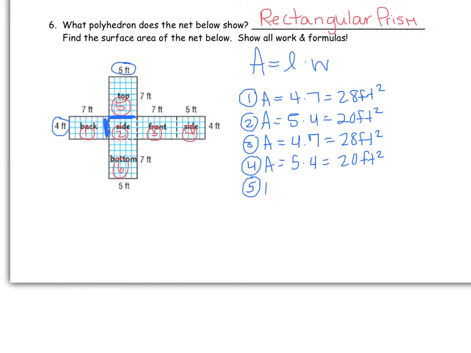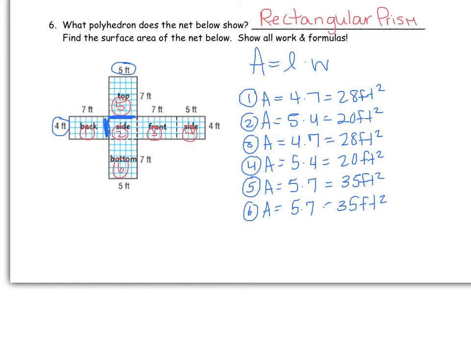And 5 and 6 are actually the same rectangles also. So the length of rectangle 5 would be 5 and the width would be 7, giving us 35 feet squared. And likewise, rectangle 6, the length and width are 5 times 7, giving us 35 feet squared as well.